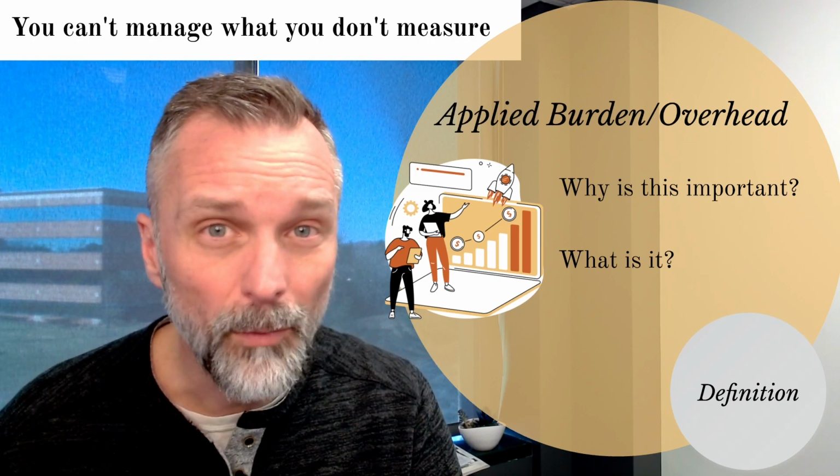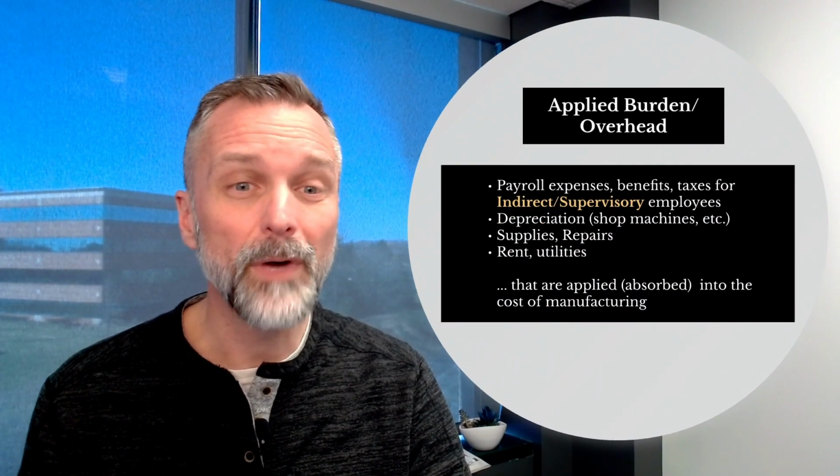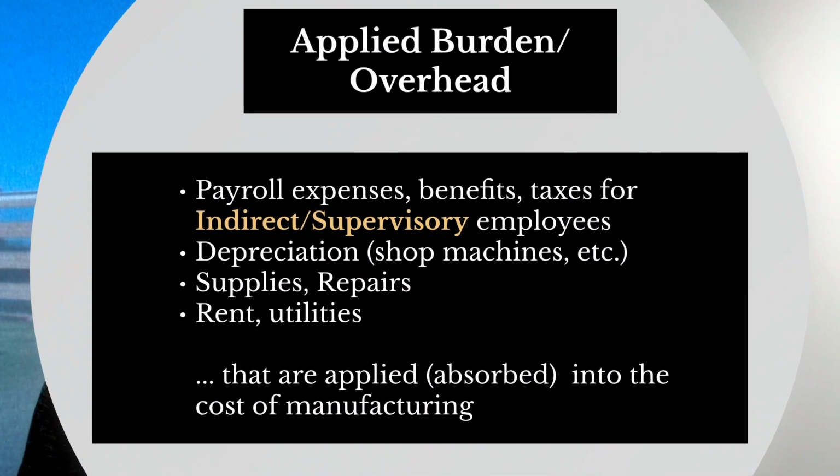So let's begin. What is it? Here's my definition of applied burden and overhead. We are going to be capturing the costs, payroll benefit, payroll taxes for indirect or supervisory employees, or both, and keeping them separate from direct shop floor employees, separate from salespeople, from office personnel.